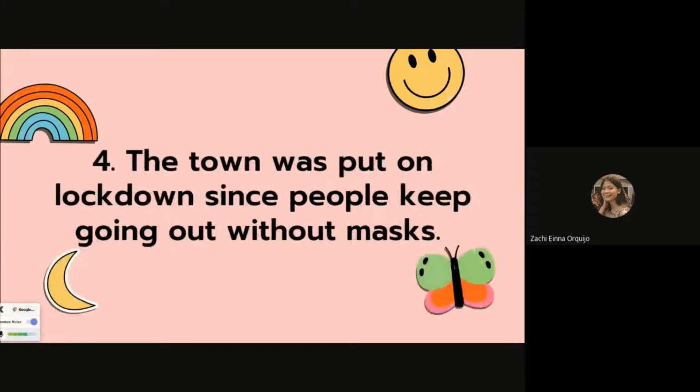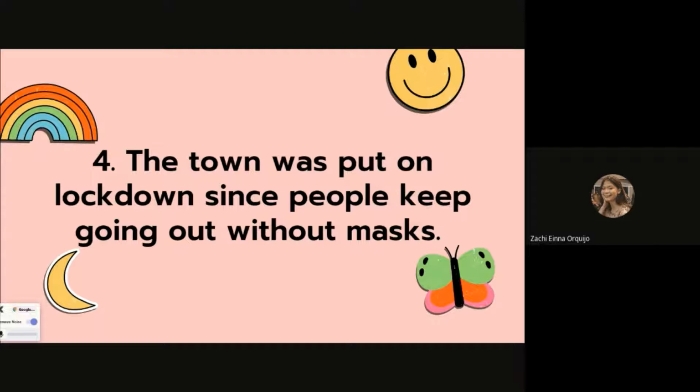Pang-apat: the town was put on lockdown since people keep going out without masks. So ano po dito ang cause at ano dito ang effect? Ano dito ang sanhi at ano dito ang bunga? So ang sanhi po, or ang cause po, ay noong hindi naglalagay ng mga face mask yung mga tao pag umaalis or kapag pumupunta sila sa labas.